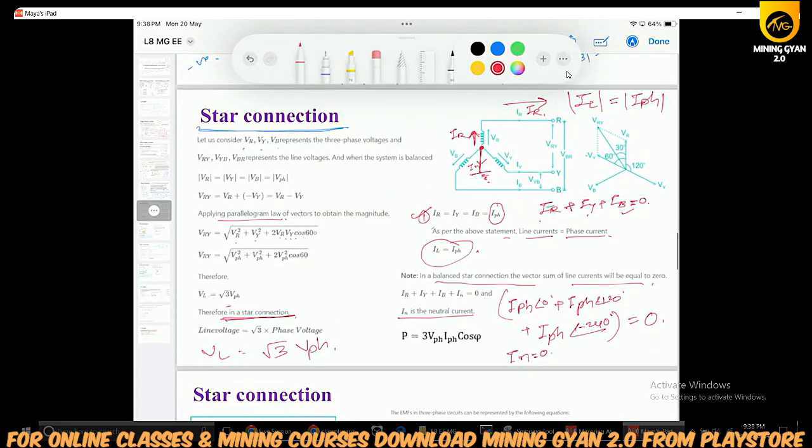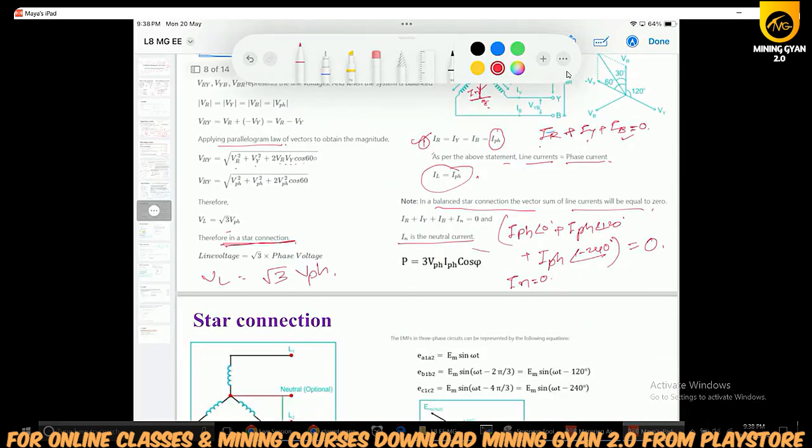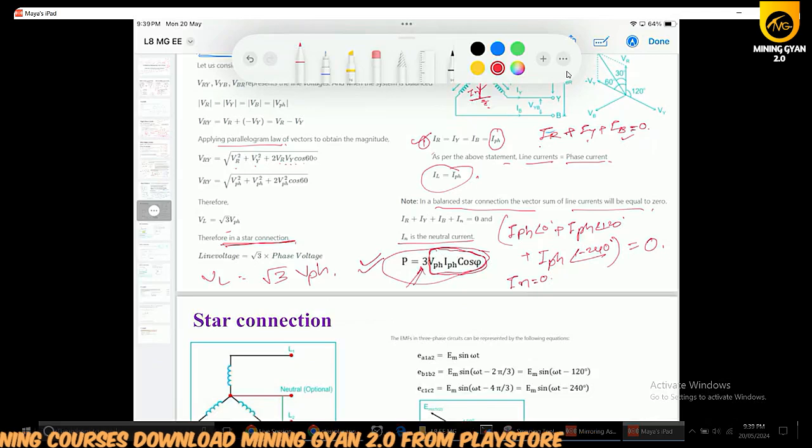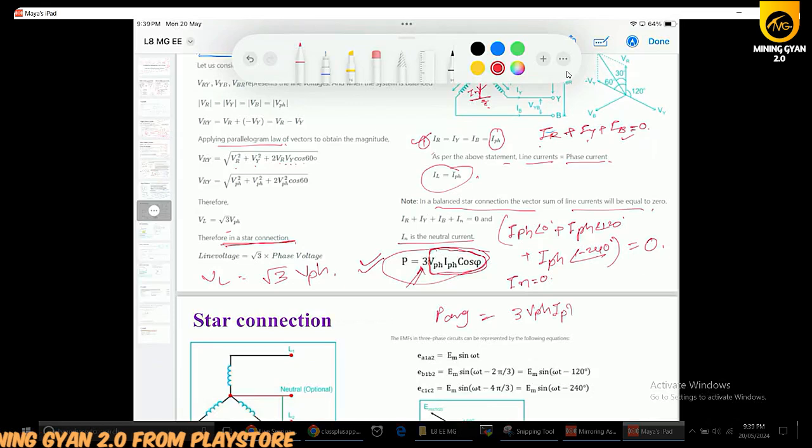Then how do we calculate the RMS power in a three-phase system? This term is related to single phase power, and because there are three phases, you have to multiply by 3. Average power or RMS power will be 3 V phase I phase cos phi, if you are considering phase current and voltage.